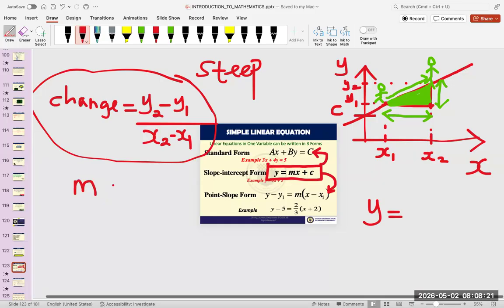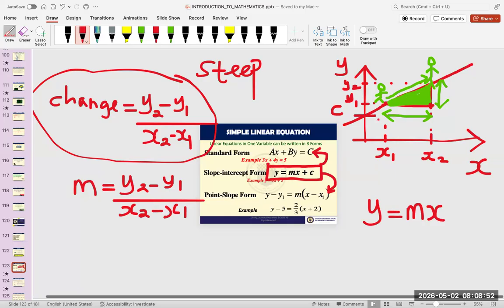M is the gradient, which is written as y2 minus y1 divided by x2 minus x1. So in the equation, this is your y movement. You move in a steep way, change in y over change in x, called M. You are also moving on the x-axis.